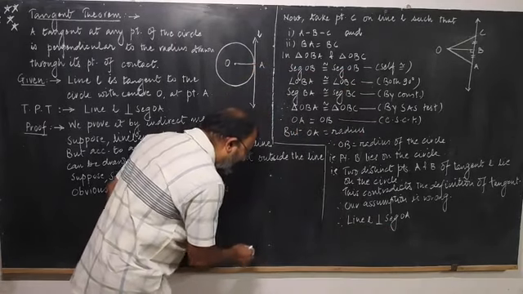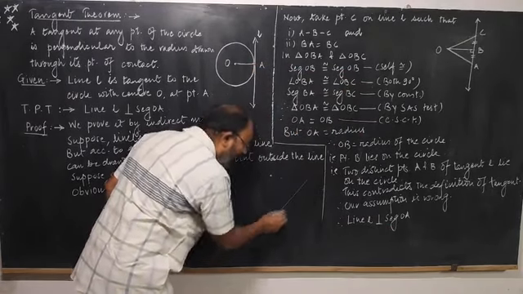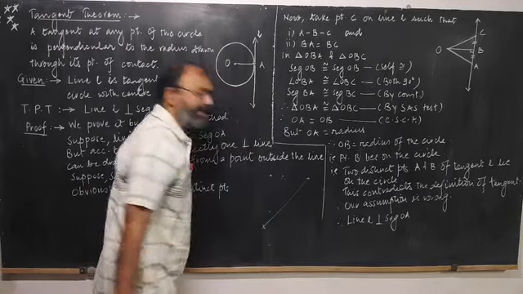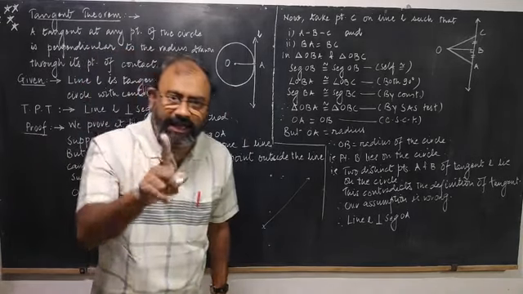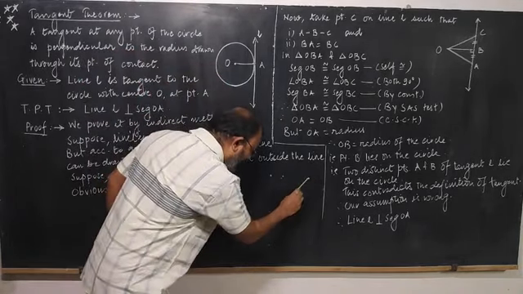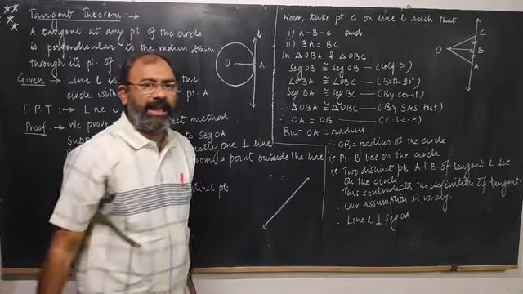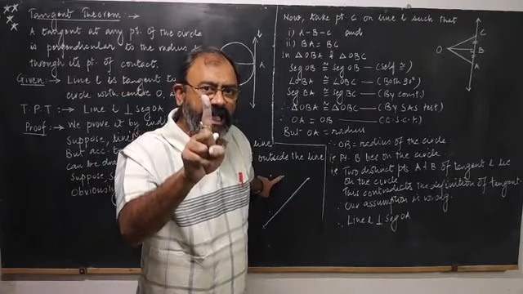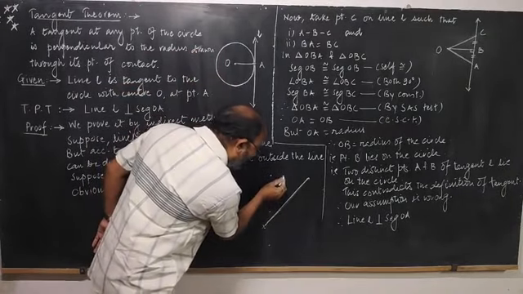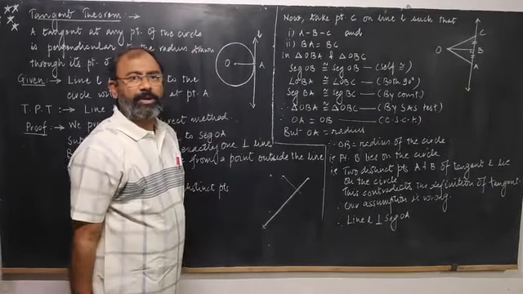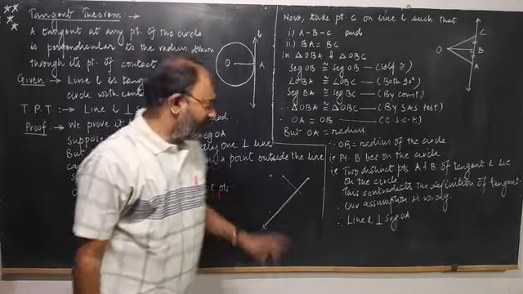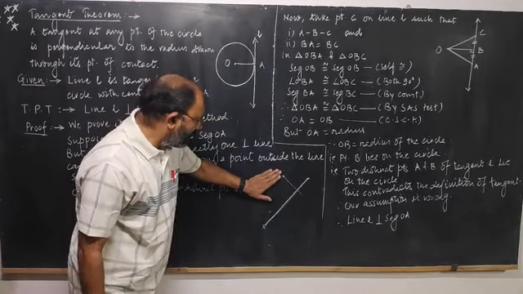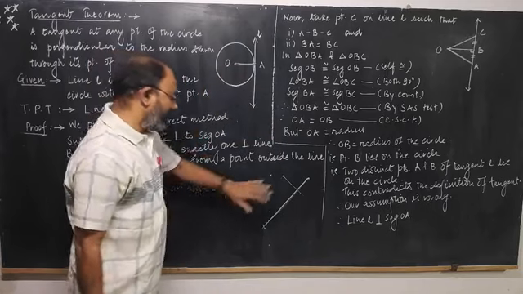The axiom says that if you are given a line and a point outside the line, from this point you can draw exactly one perpendicular line to it. Okay, we are going to use this information here.